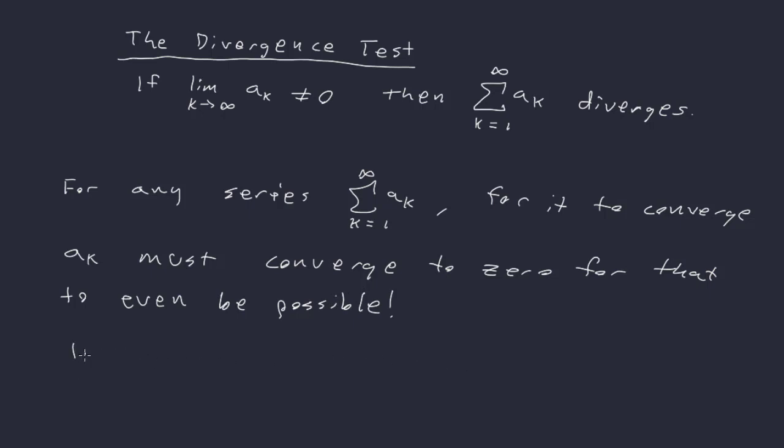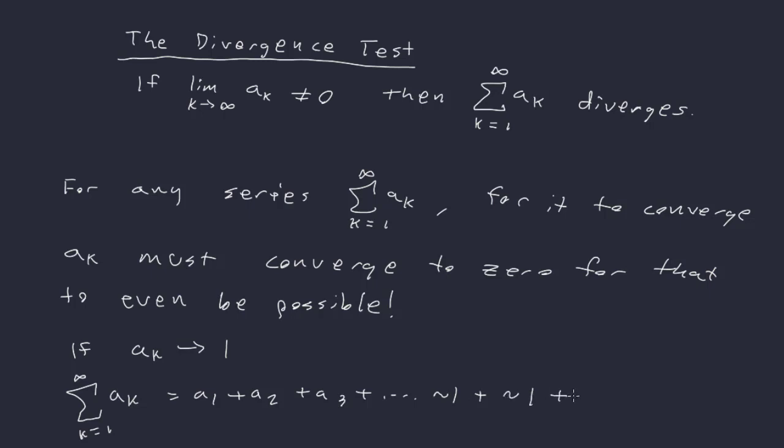For example, if the a_k's converge to 1, well, this series will be a1 plus a2 plus a3, and it might be really small for a while, but eventually you'll get values that are really close to 1.